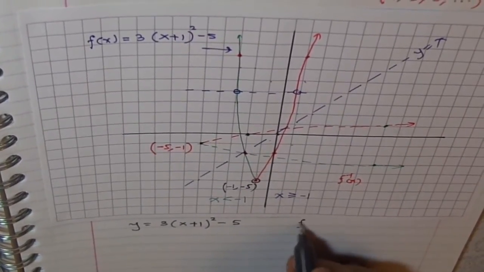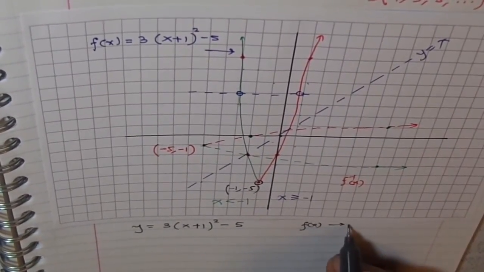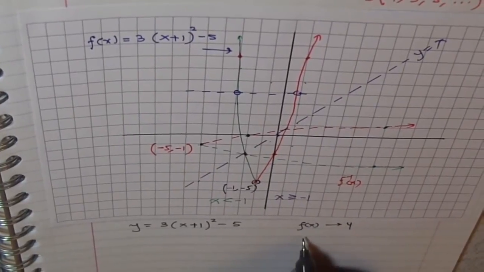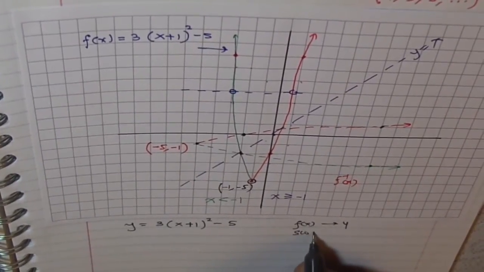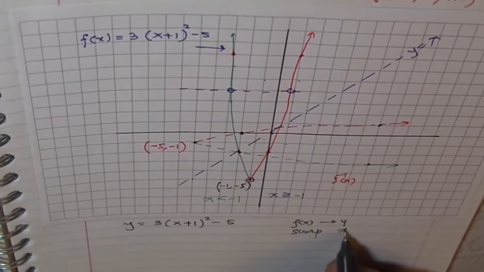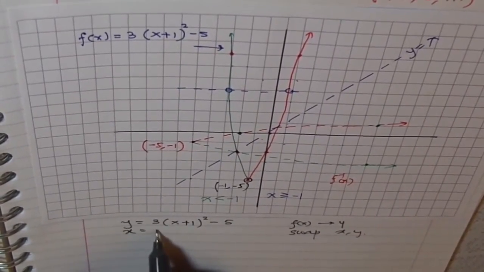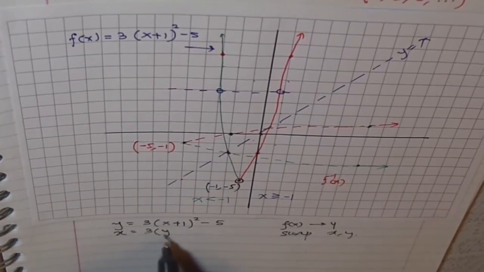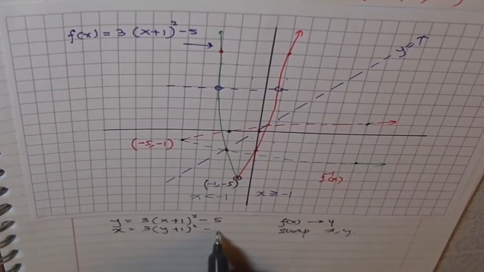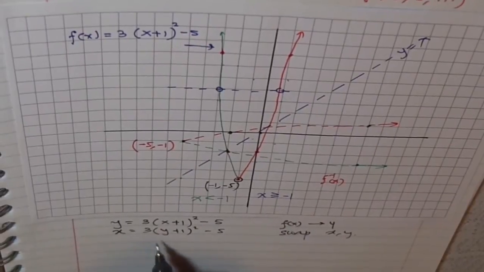So instead of f(x), we wrote y. The second step is swap. Swap x and y. So we'll interchange. Instead of y, we'll write x, and instead of x, we'll write y. And then solve for y.